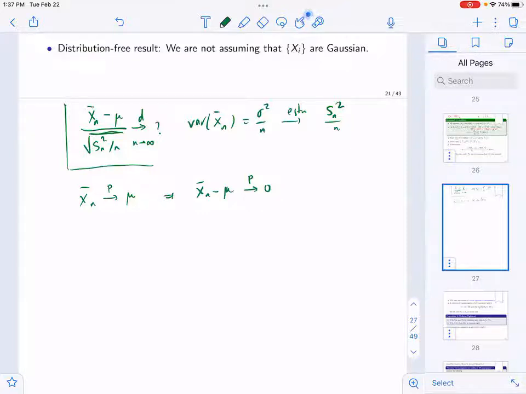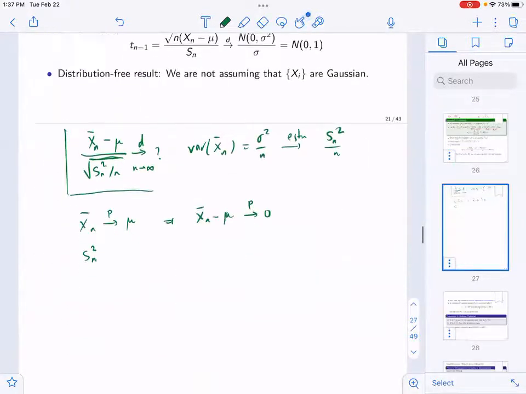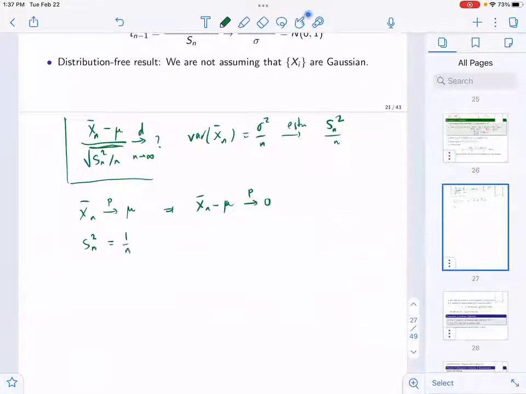What can I say about Sn squared? That's this guy. Can I say that it converges to something? Let's say this is 1 over n summation i from 1 to n of x_i squared, minus 1 over n summation, basically minus x bar n squared. Does this converge to anything?